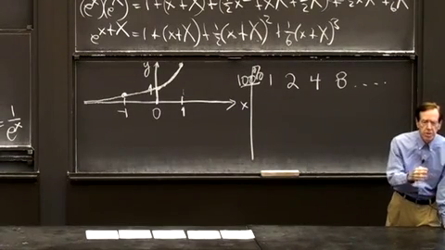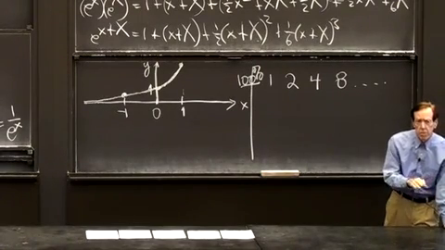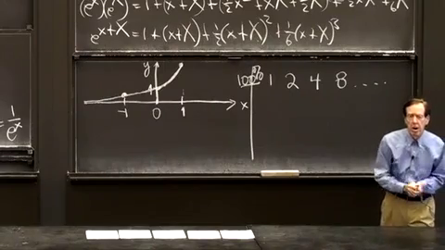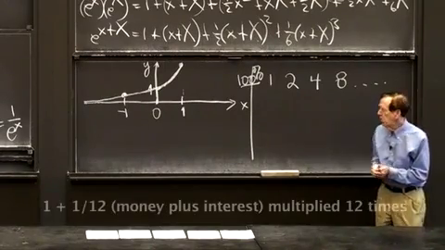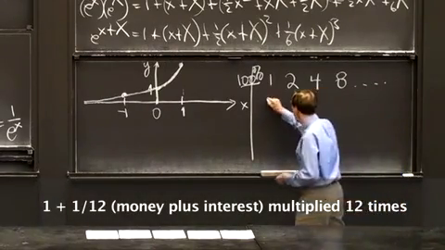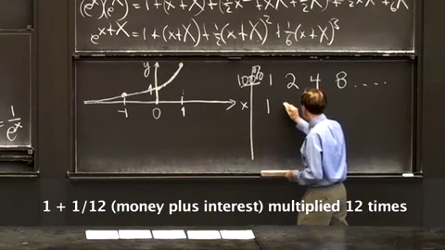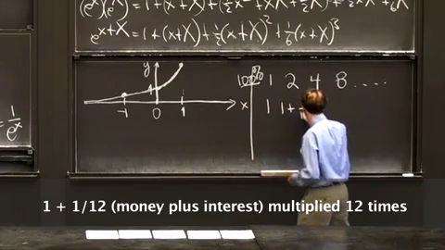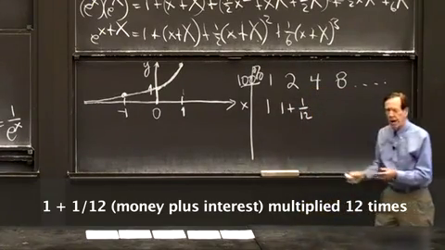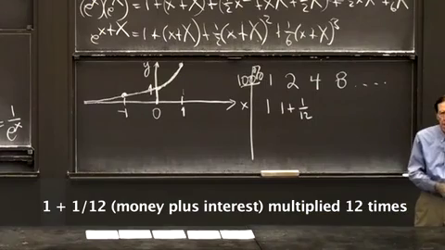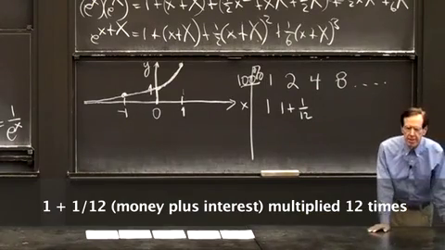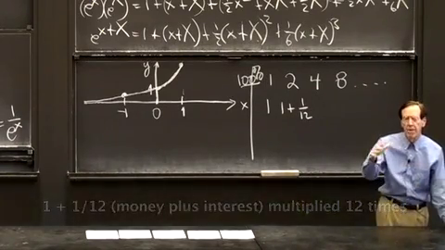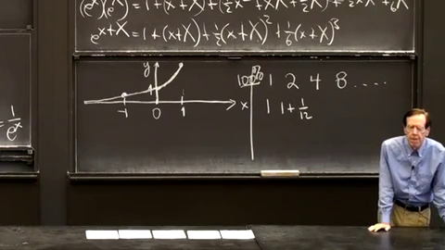You'd get 100% divided by 12, because we're only talking about 1 month. So if it was months, you start with 1. You have 1 plus 1/12. That's what you'd have after a month. Now, what would you have after 2 months, and what would you have after 12 months?